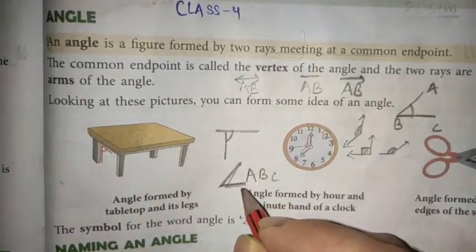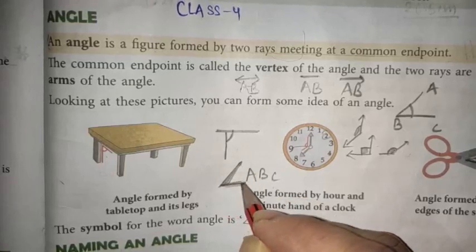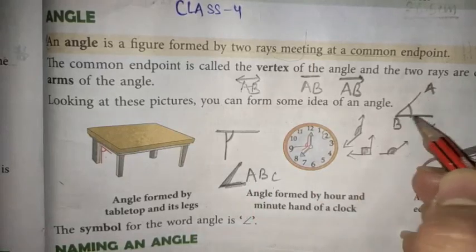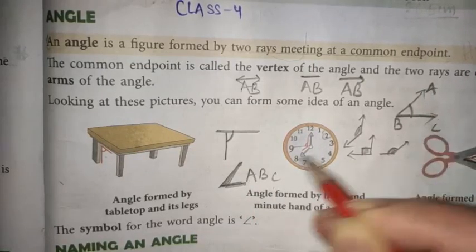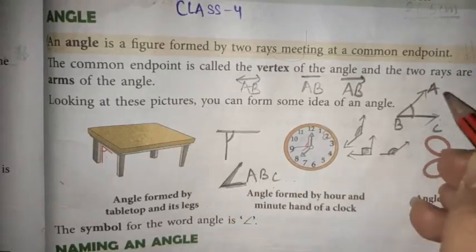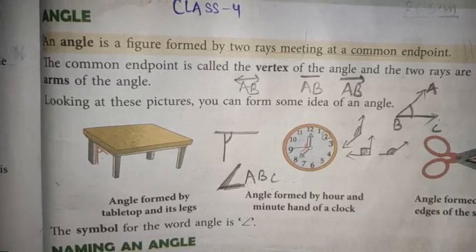To represent an angle, first we give the angle symbol, then we write the name of the angle. If it is ABC, we write angle ABC. If you have PQR, then angle PQR, or OPQ. You may give the name according to the figure.